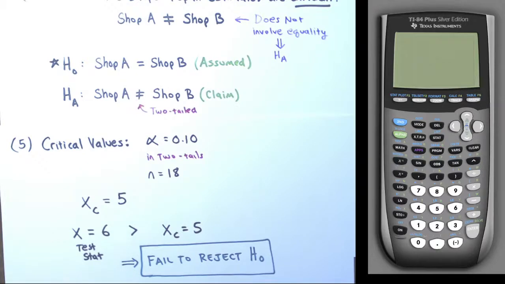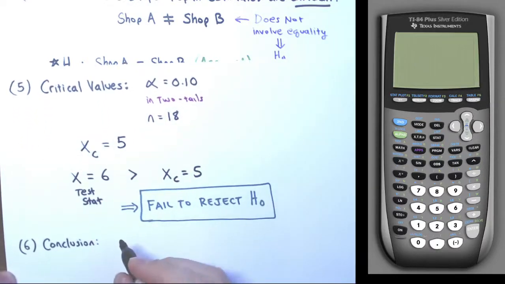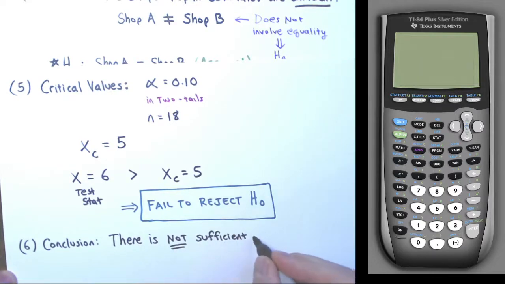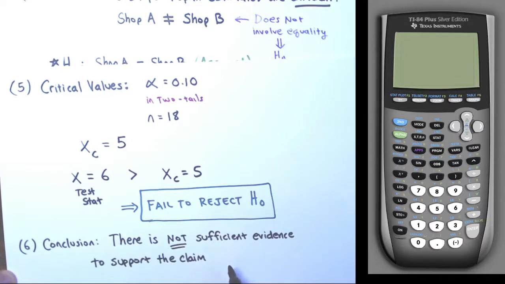So just as the last example, I would say that there is not sufficient evidence to support the claim that the shop's repair estimates are different.